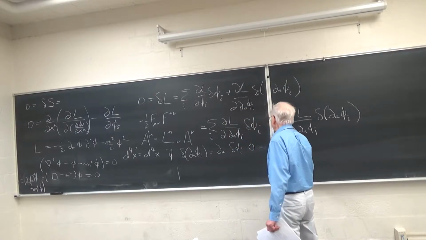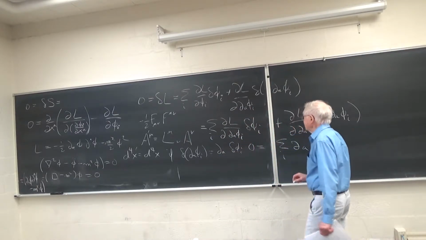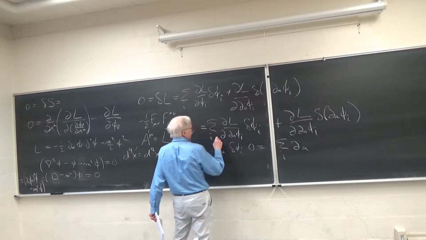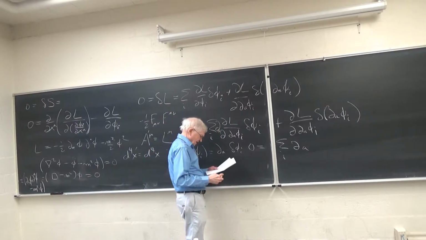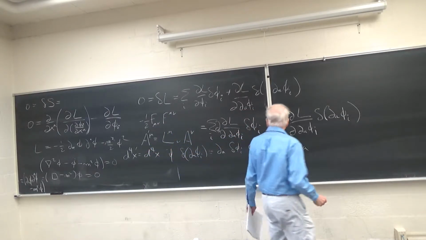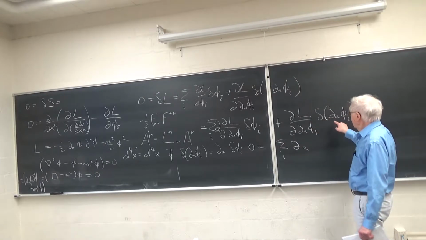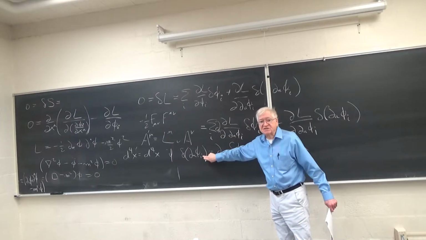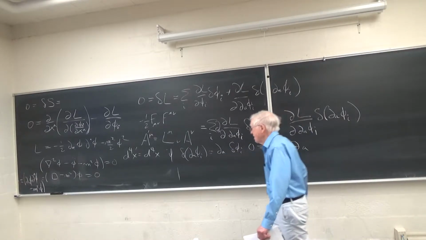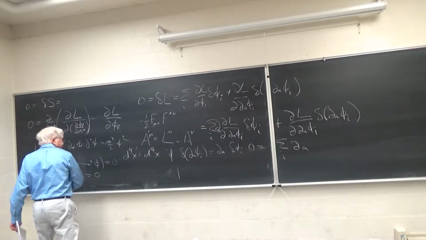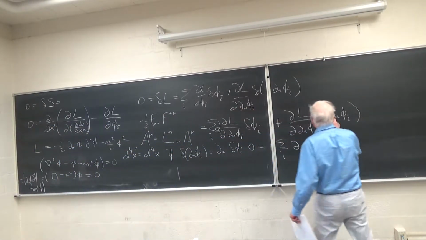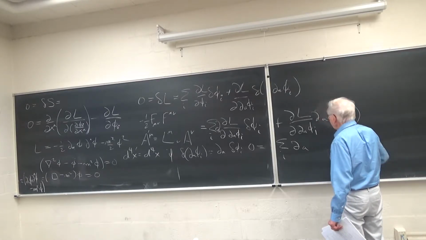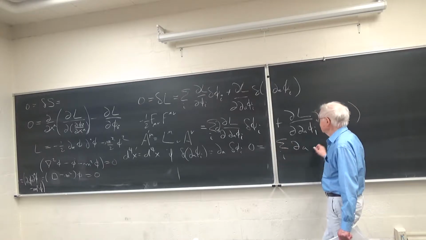I'm sorry, I left out a d_A here. I hope that's in the notes. Yeah, it is in the notes. So you can, as I said, if, as is usually the case, you can change the derivative there, then you can rewrite this as d_A of that, and then the whole thing is a derivative.